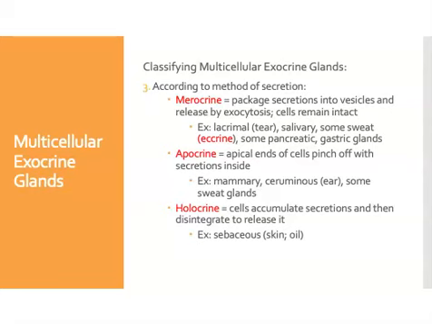And then the cell itself is going to disintegrate so that the secretion gets released. A good example of a holocrine type gland is the sebaceous gland in your skin. These are the glands that secrete the oily material, for example, around your hair follicles.